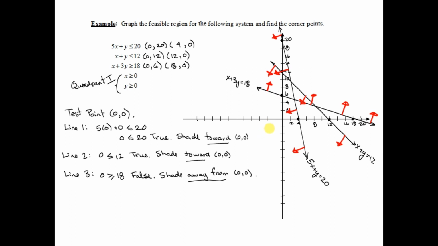Okay, so what area satisfies all of them? If I come here, this satisfies 2 of them, but not the x plus y equals 12. But what about right here? This little area, remember we're only talking about areas that are in the first quadrant because of that x greater than or equal to 0, y greater than or equal to 0 that's at the end. Looks to me like this area will satisfy all of them.